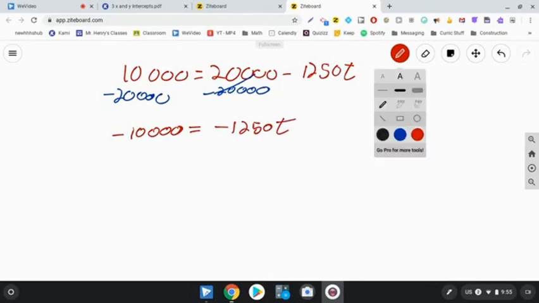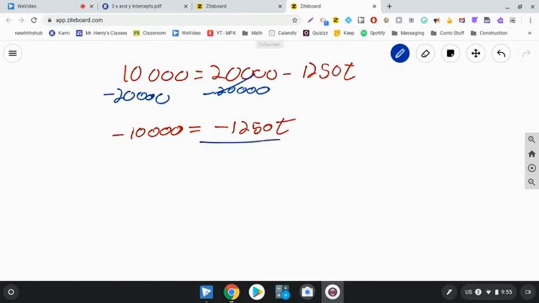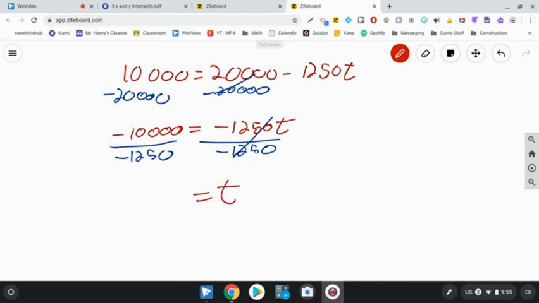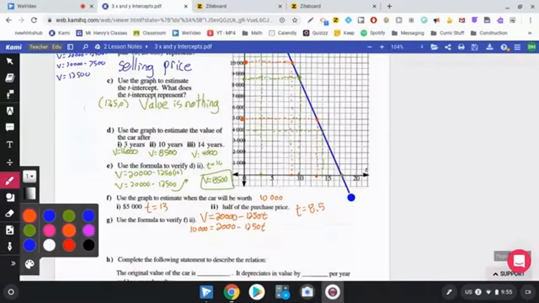And now I can get rid of that multiplication by dividing. Divide by negative 1,250. What I do to one side, I do to the other. And if I type 10,000 divided by 1,250 into my calculator, I get 8. There you go. So I'll jump back and I'll just write that in here. 8 is equal to t.